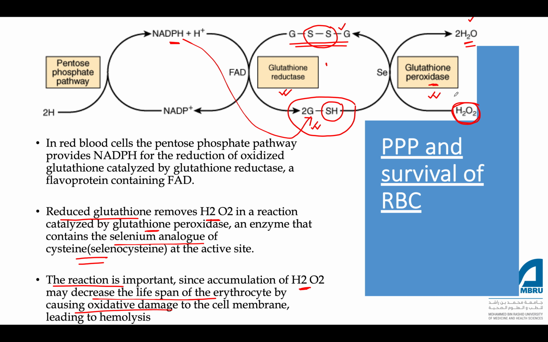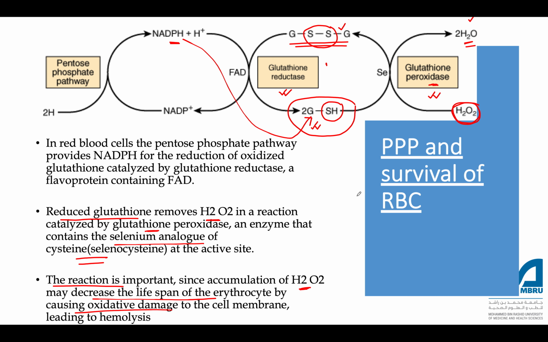So NADPH that is produced by the pentose phosphate pathway not only helps in the synthetic metabolic pathways, but also in the maintenance of homeostasis inside the cell.